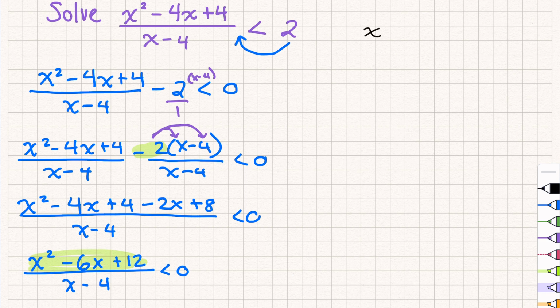So we're going to take x squared minus 6x plus 12, and I'm going to use the quadratic formula here. So our a is 1, b is negative 6, c is 12. So we have x equals 6 plus or minus 4 times 1 times 12.